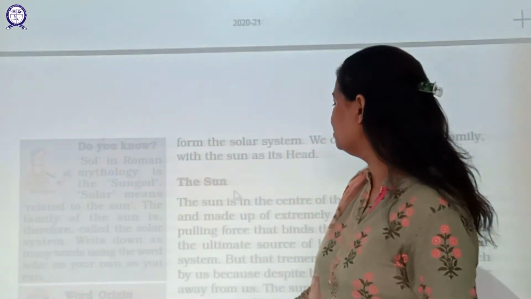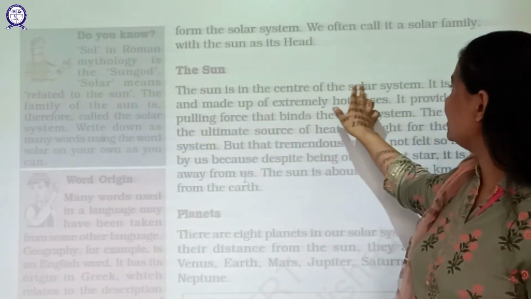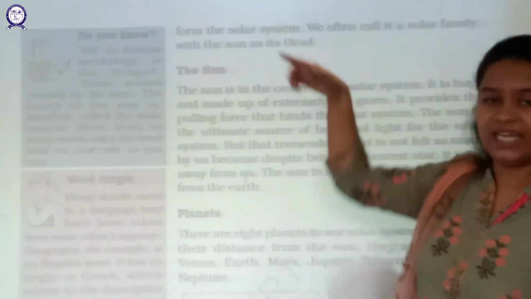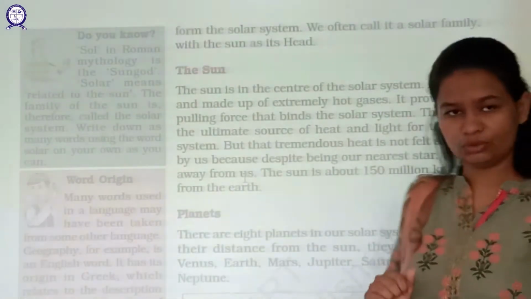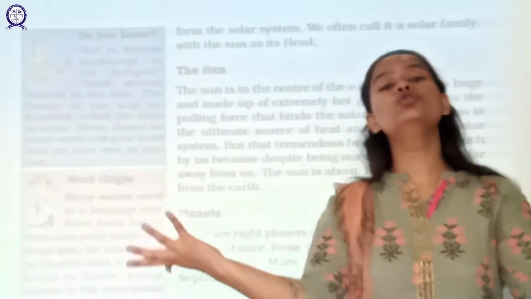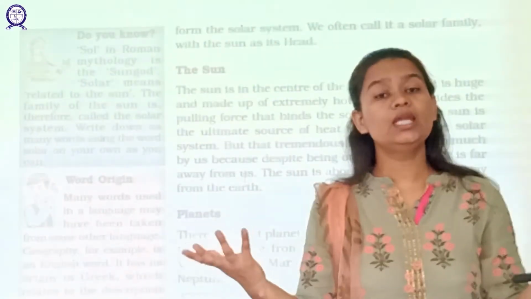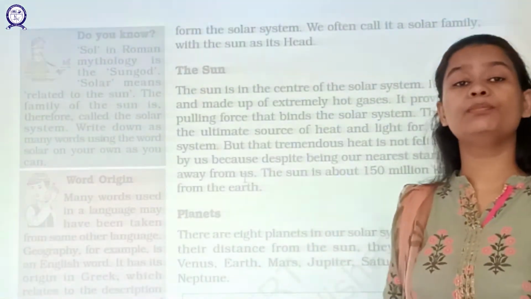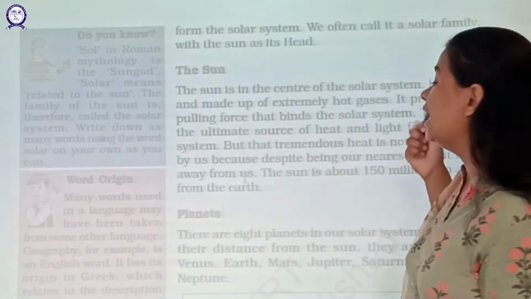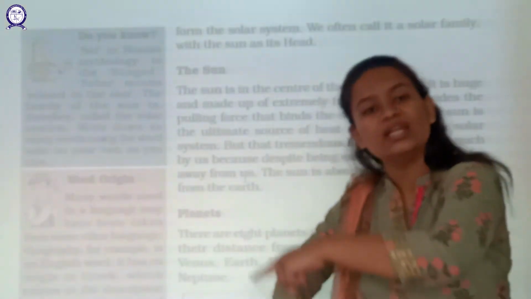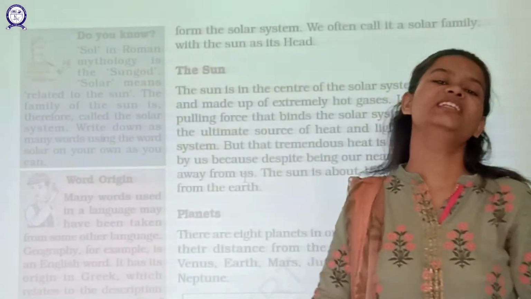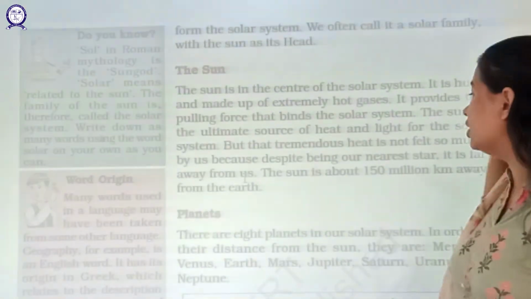Now what is the sun? The sun is the center of the solar system. In that diagram you saw that the sun is in the center. It is a very huge ball of gas, very large in size, made up of huge amounts of gases, and it has a pulling force as it binds the solar system. The complete solar system is bound by the sun only.